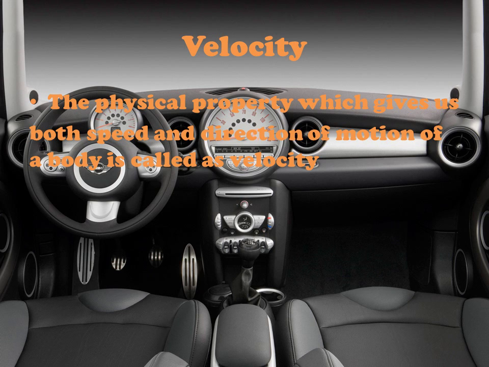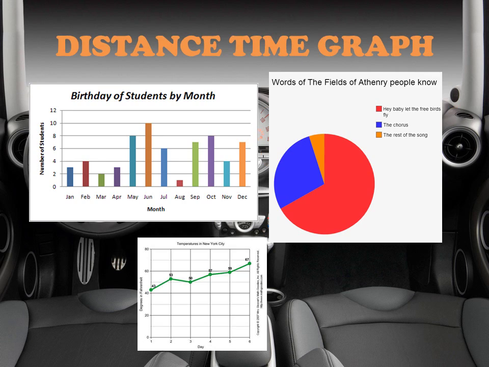If a car is moving from west to east with a speed of 60 km per hour, we say that the velocity of the car is 60 km per hour east. Now, this is all about velocity. What you have to remember is the definition of velocity.